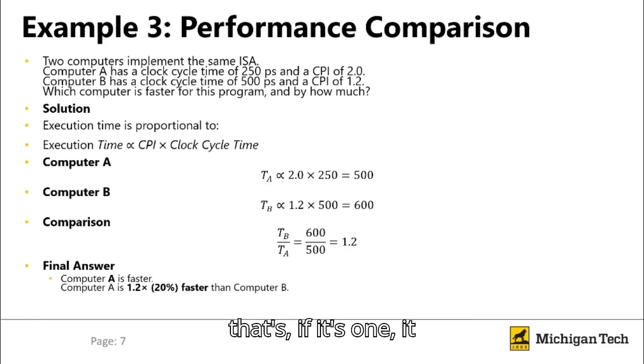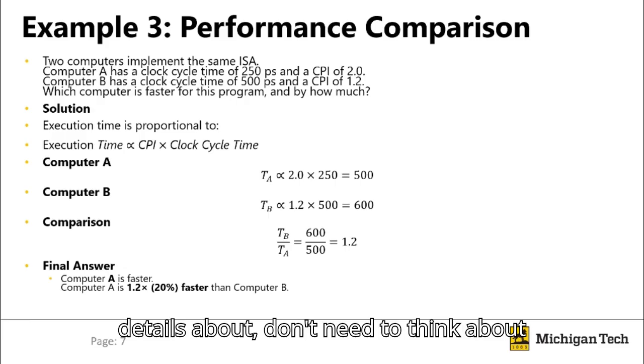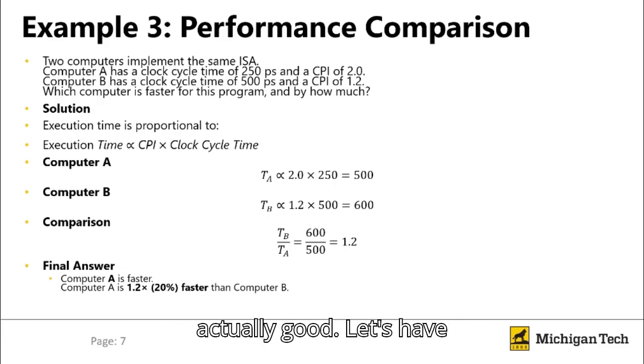Because if it's 1, it means they are equal. It means 0.2, or 20% faster. That's how we can... yeah, but you don't need to think about too much detail. But yeah, that's actually good.